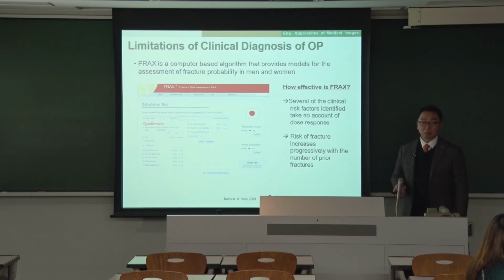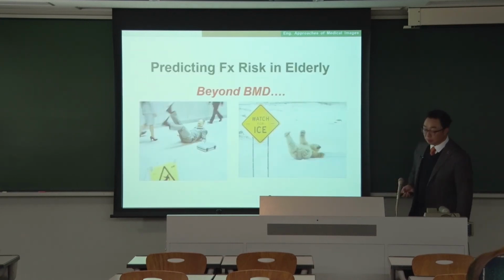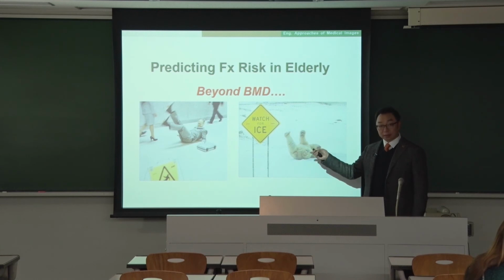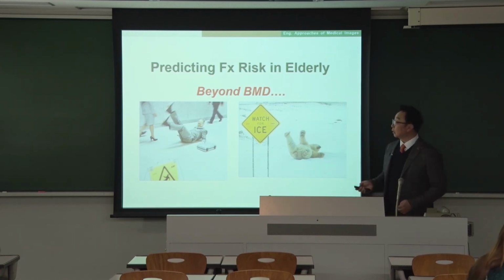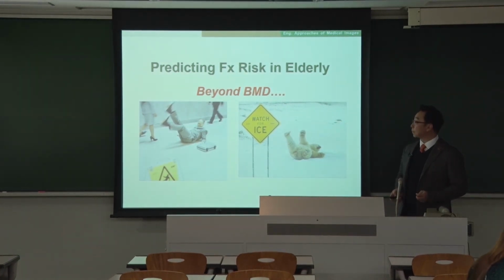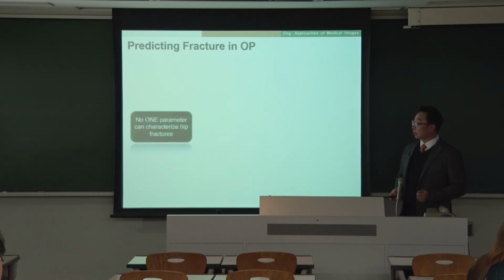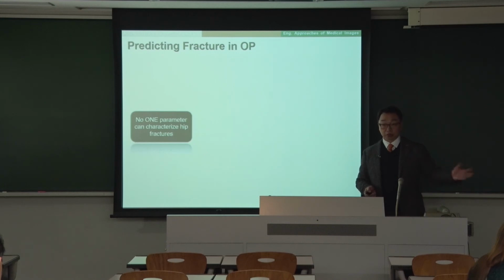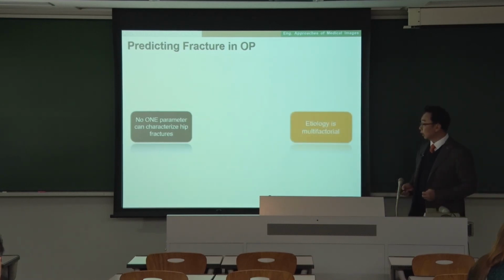So then, what can we rely on for predicting fractures? Based on that background, we have a research question: predicting fracture risk in the elderly, with the subtitle Beyond Bone Mineral Density. As I said, no one parameter can characterize the hip fracture, as we already know, and the etiology is multifactorial.